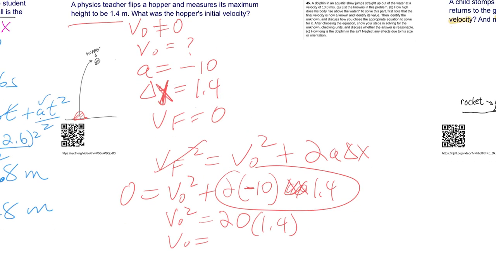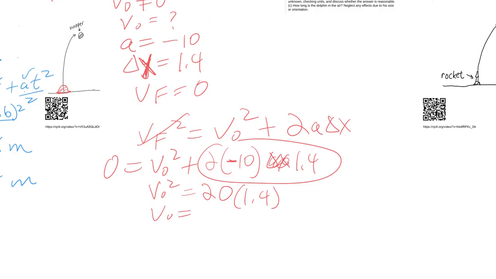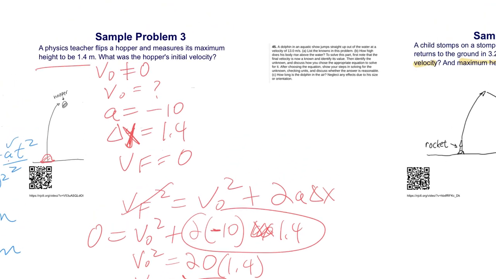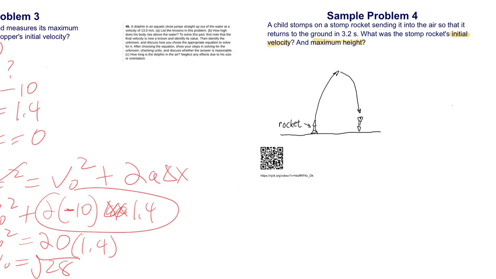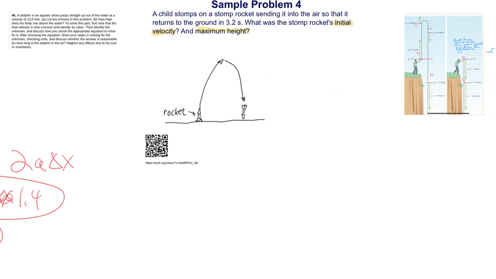So VO squared is 28, and the square root of 28 is 5.3. So it pops off the ground with a speed of positive 5.3 meters per second. Okay, this is an important problem.